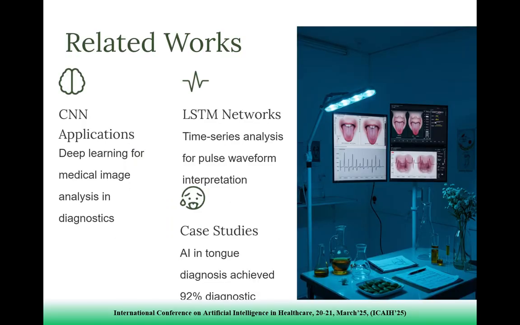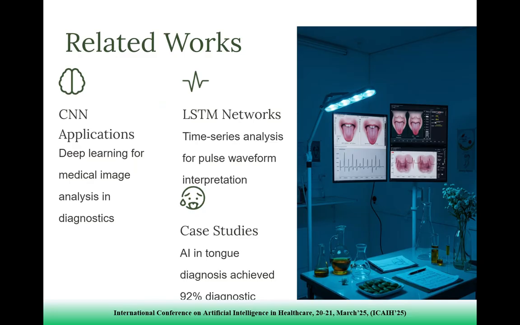In the survey we did through academic papers, we see that there are many CNN and LSTM network applications, for example in diagnosing the tongue, and they can achieve very high accuracy, 92% for example.